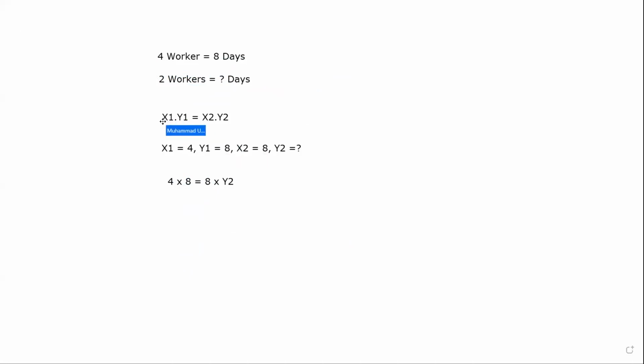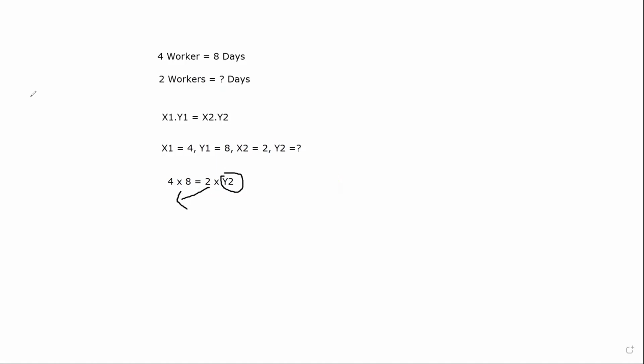So we have this formula: x1 into y1 equals x2 into y2. The value of x1 is 4, the value of y1 is 8, and the value of x2 is 2. So we change it to 2, and we have to find the value of y2. So 4 into 8 equals 2 into y2. We have to make y2 the subject, so we send this 2 over here.